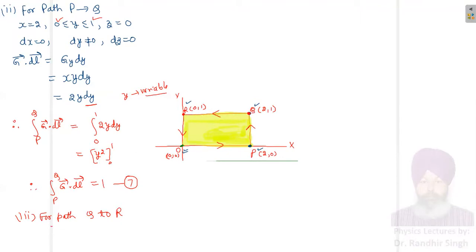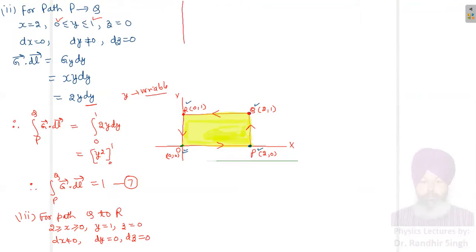So 2 is the starting value of x, and 0 is the end value of x. y is everywhere 1, and since again segment QR lies in the xy plane, z obviously is 0. If I take the derivatives, dx will not be 0, dy will be 0, and dz will be 0.